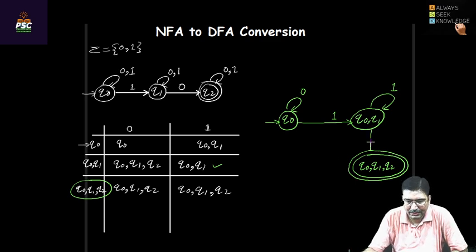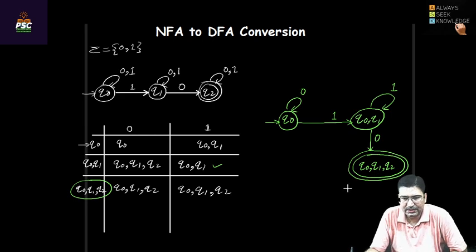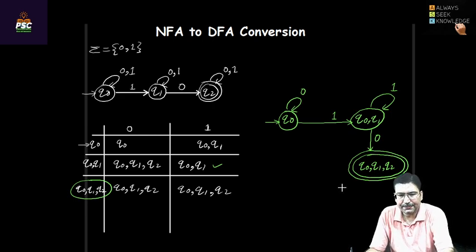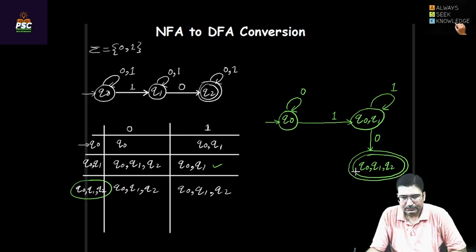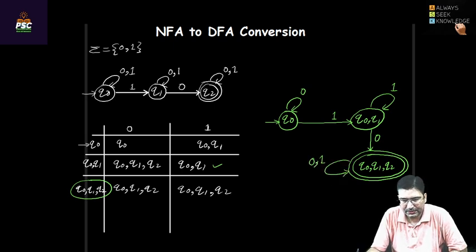So when 0 is coming, this state is leading you towards this state. Okay. Now here, when we have either 0 or 1, there is a loop on the same state.